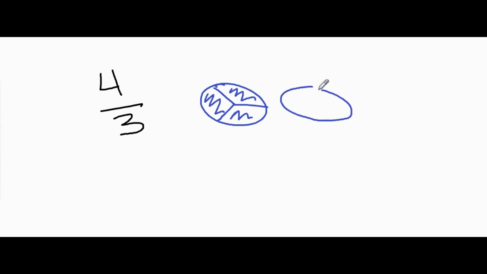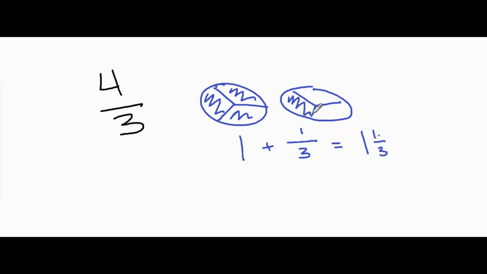I've got another pie. 1, 2, 3, 4. And so you visualize it. And you say, well, I have a whole pie, and I have 1 out of 1, 2, 3. So 1 plus a third is 1 and a third, which is exactly the same as this little guy here.